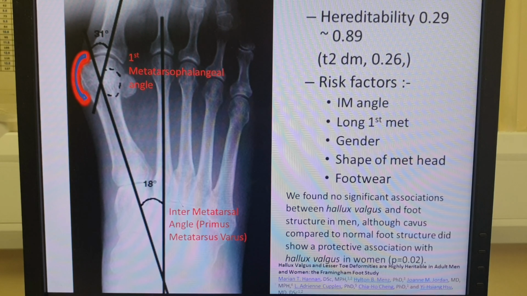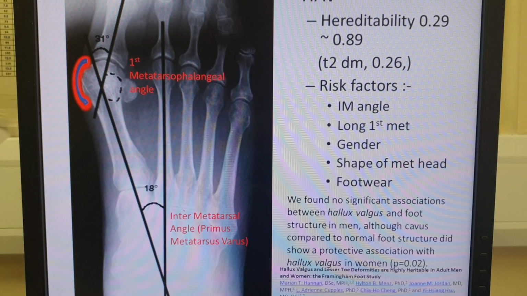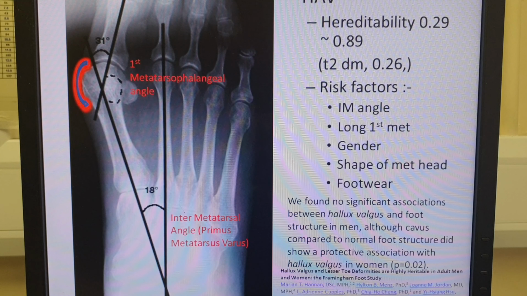Rather interestingly, that was not true when they looked at a combined thing of HAV with pain. If you had pain in your big toe joint, you were more likely to get that. So it might be that having a more pronated foot posture is a predictor for pain in the big toe joint, but not for the deformity itself.